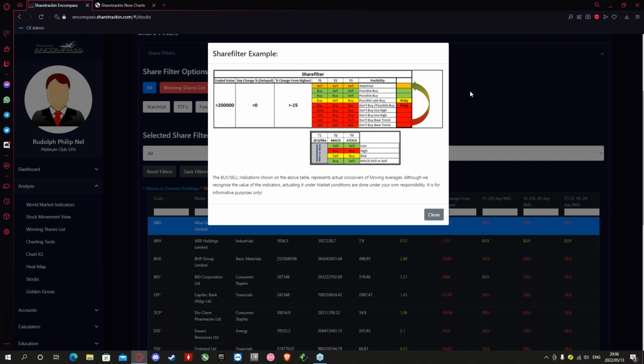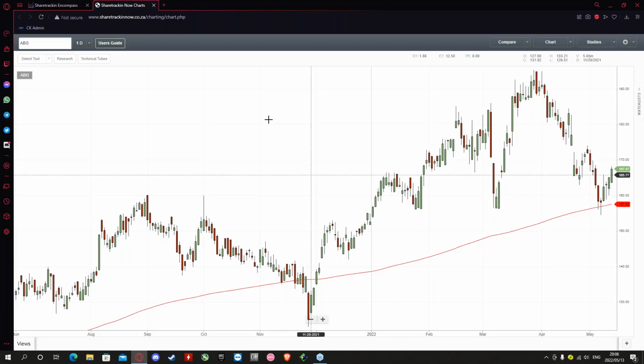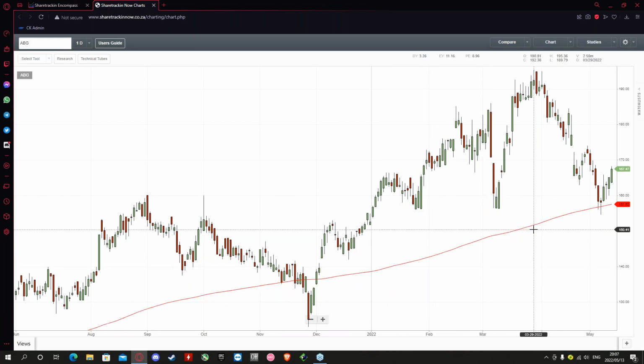If it's a sell, it means the share is actually still going down, but you're waiting for that first buy indication, which I think this one actually already had to give us, because it's still giving you the sell. We'll have a look now on the chart why it's not giving us any buy indications yet. I'm leaving the 200-day moving average line because it's really important.